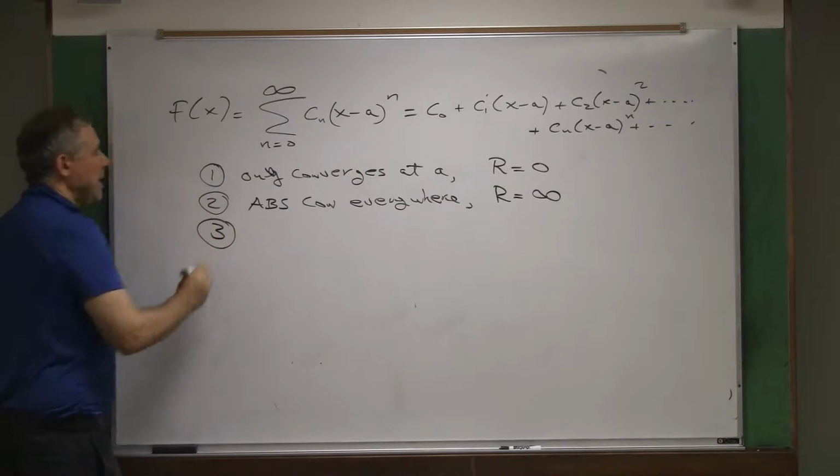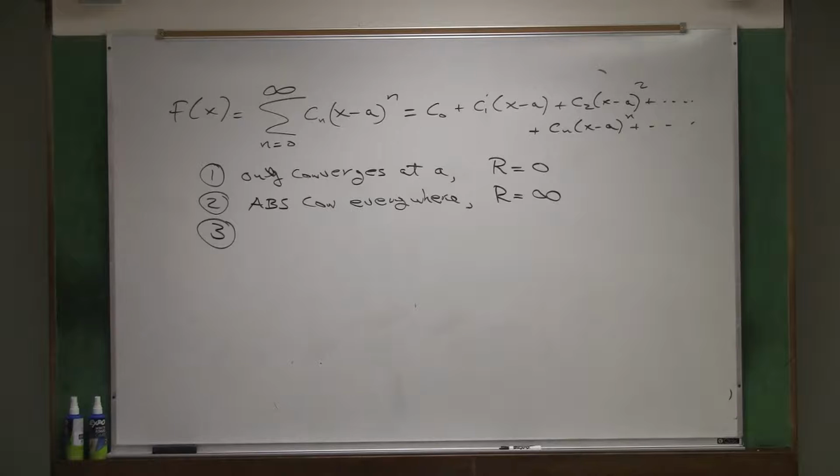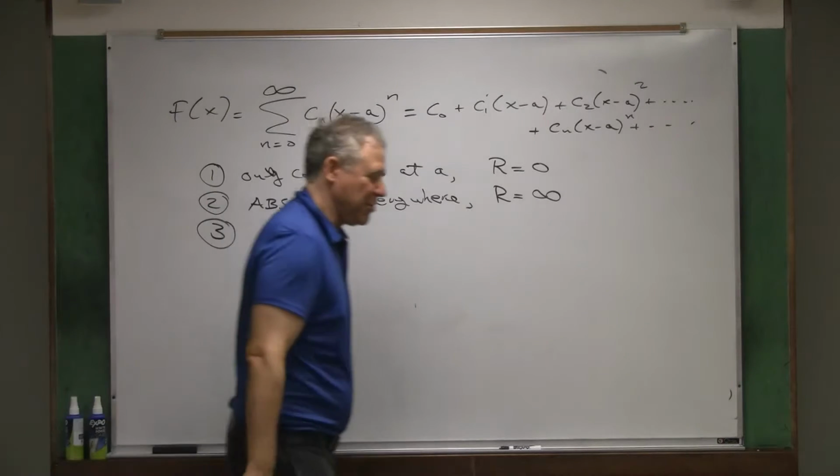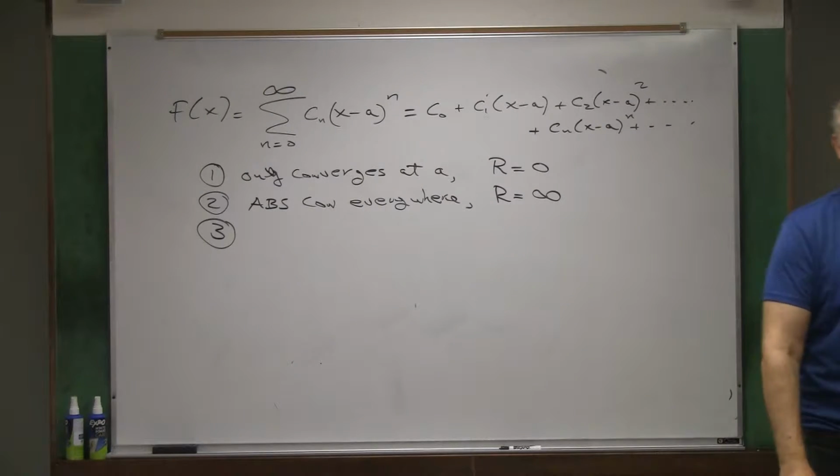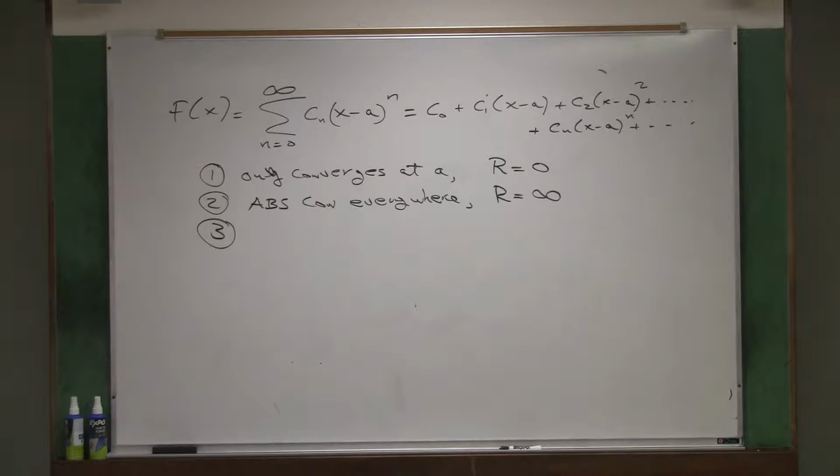And the most common case, the most common case for what's going to be on your exam, because obviously professors like to test it, is what? The radius of convergence.